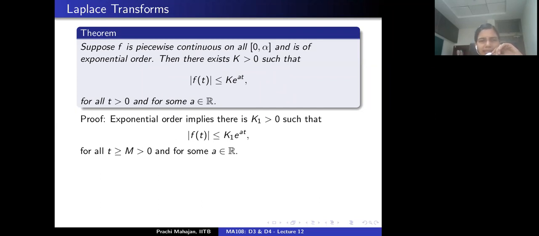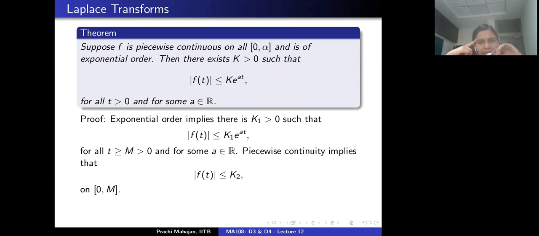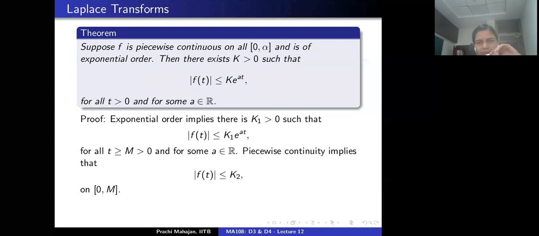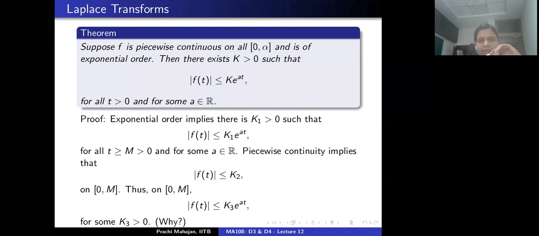Here it is stage capital M. But the piecewise continuity of f guarantees that the absolute value of f is bounded by some constant k2 on the interval 0 to 1. If we put these two inequalities together, then we will be done. We will have whatever our observation requires. Is that okay? Everybody with me up till this point?